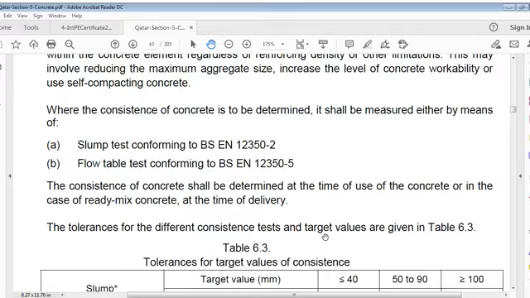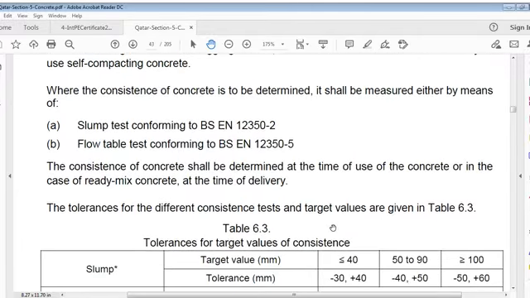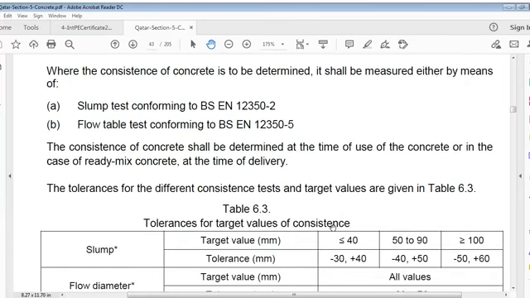Where consistence of concrete is to be determined, it shall be measured either by means of slump test conforming to BS EN 12350-2 or flow table test conforming to BS EN 12350-5.